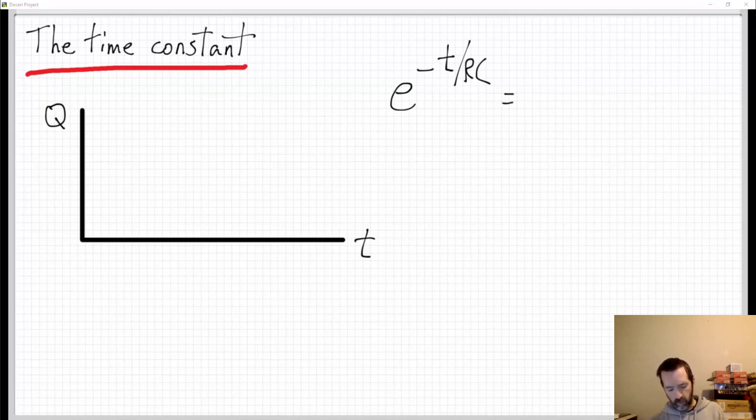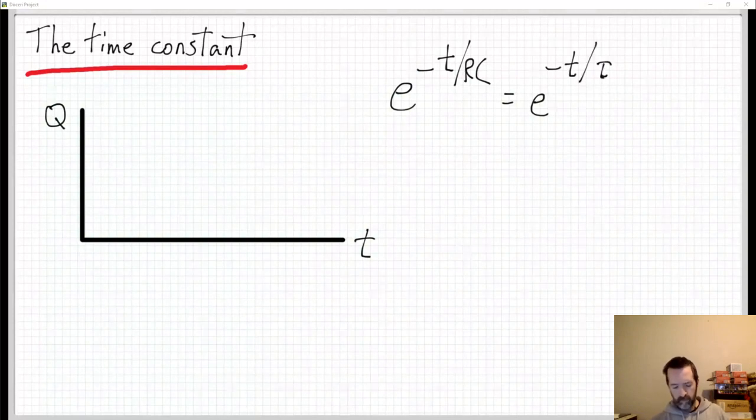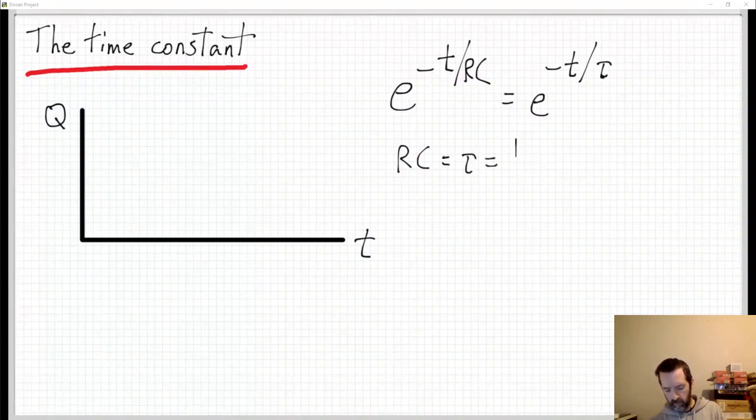So this quantity RC, sometimes people just use a lowercase tau for that. That is called the time constant. RC or tau equals time constant.